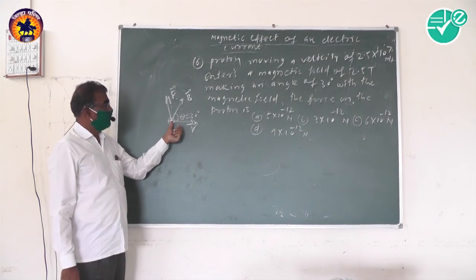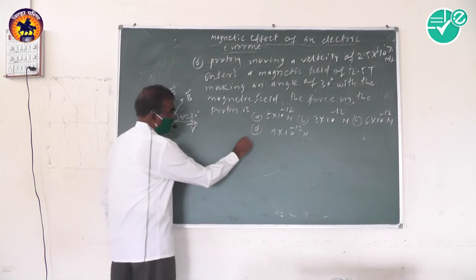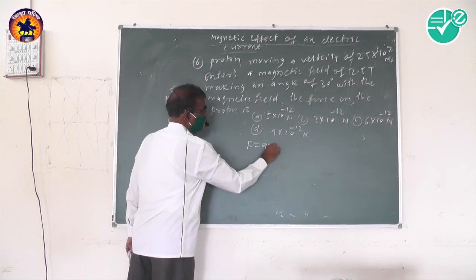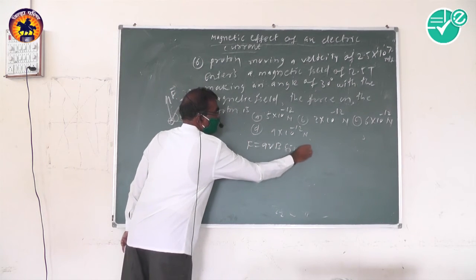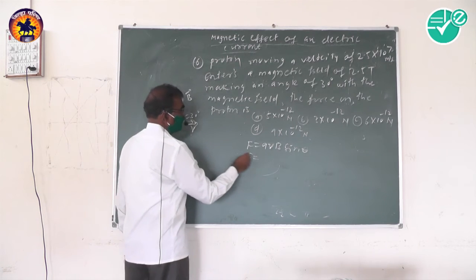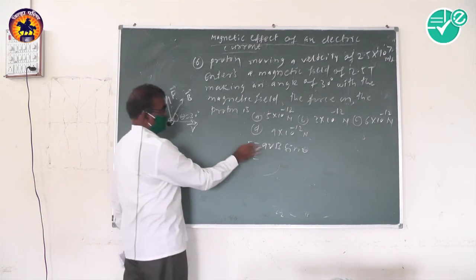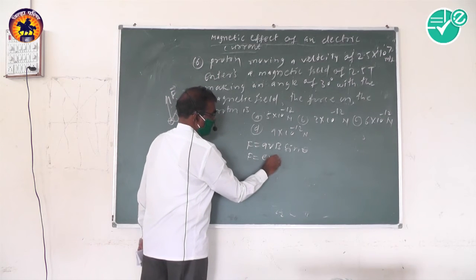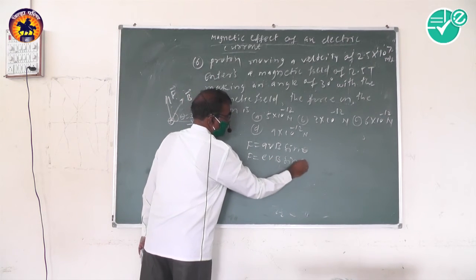That is, the formula is F equal to QVB sin theta. The charge on the proton is e, so F equals e v B sin theta.